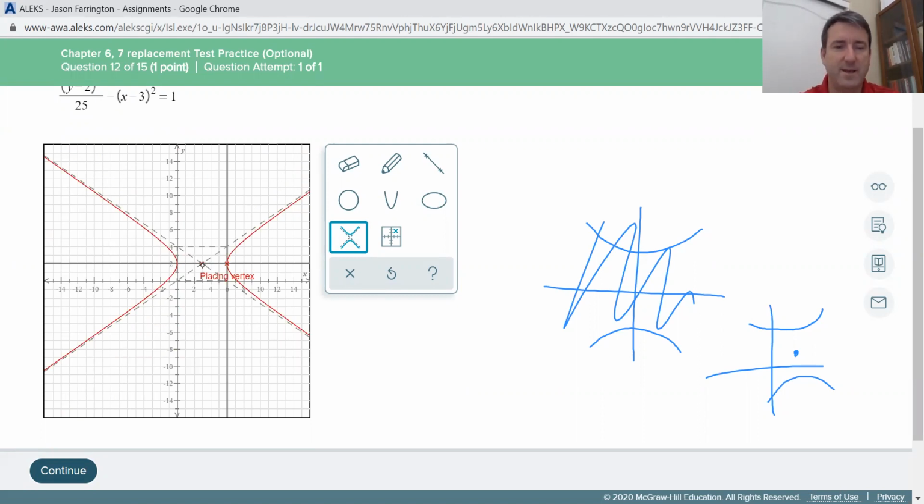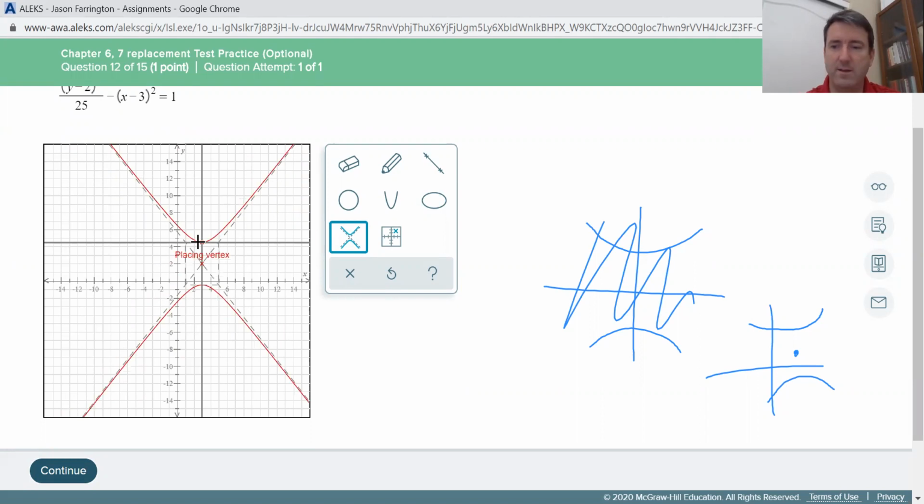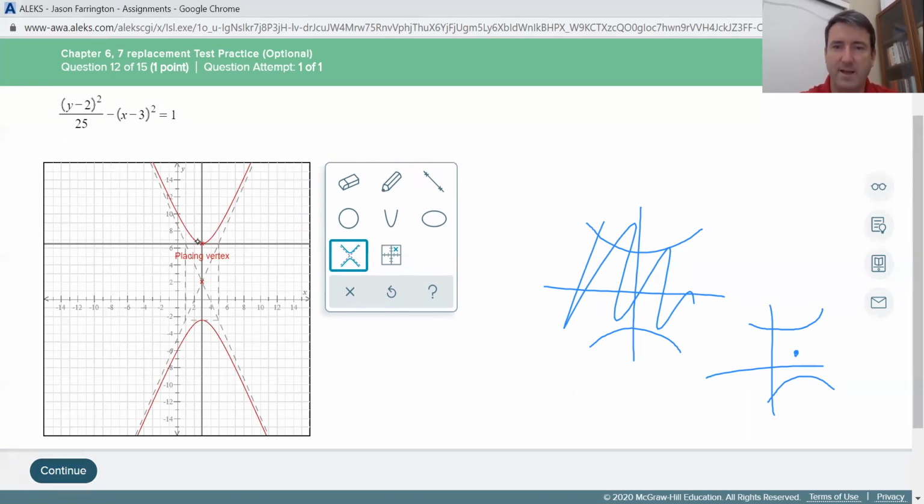And then the vertex is going to be up, and this distance, if I can draw on here again, this distance is going to be what's under the y. So that distance there is going to be 5. So we're going up 5.